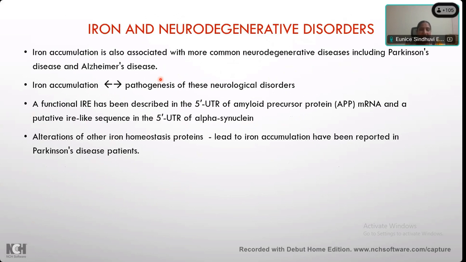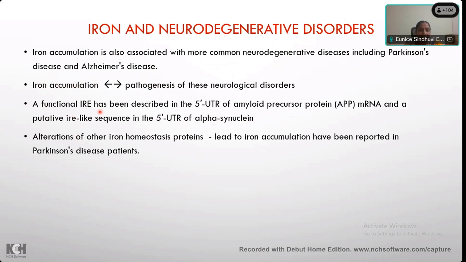And these are genetic diseases which we saw, but now studies have shown that iron is also associated with common neurodegenerative diseases like Parkinson's and Alzheimer's. But it's still not very clear whether the iron accumulation leads to pathogenesis, or the iron accumulation is a result of the pathogenesis.